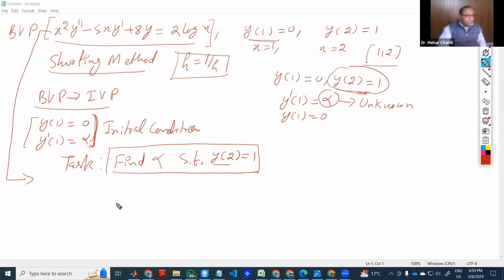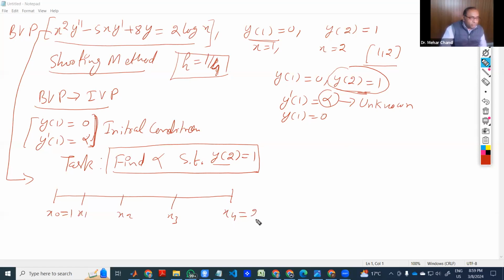So for that, we will take x naught equal to 1, and we are taking h equal to 1 by 4. The step size is h equal to 1 by 4. At this place we have x naught equal to 1, then x1, x2, x3, and x4.